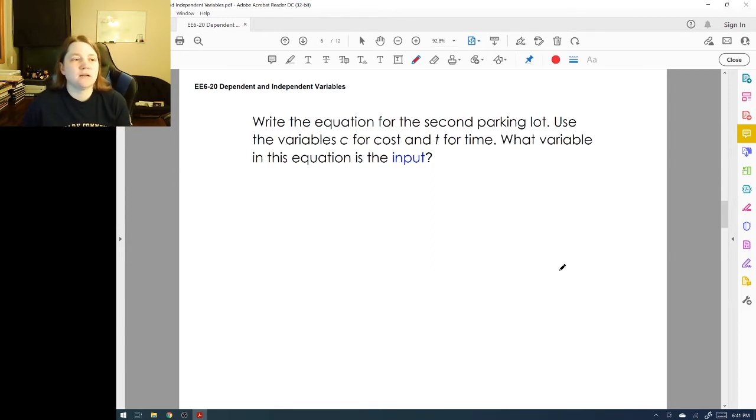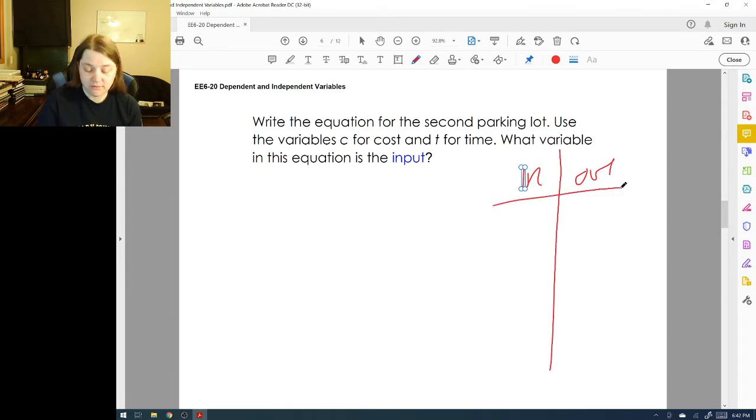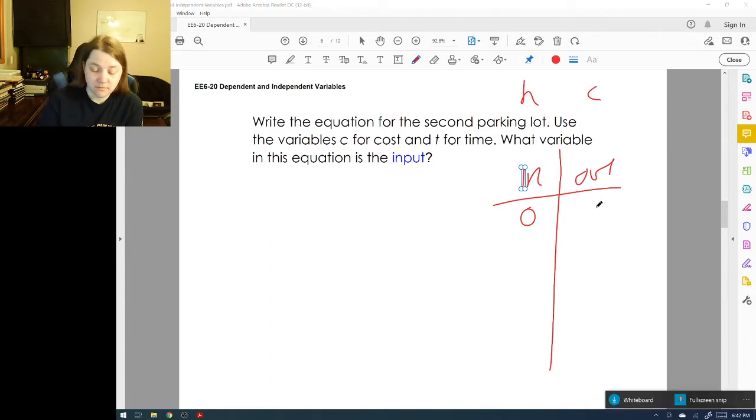They want us to write the equation for the second parking lot using the variables C for cost and T for time. So what we want to know is what variable in this equation is the input. Well, the input is that first number because it's an input-output table. What you get in and then what you get out from it. So we put in 0 hours, we get out a cost of 0.